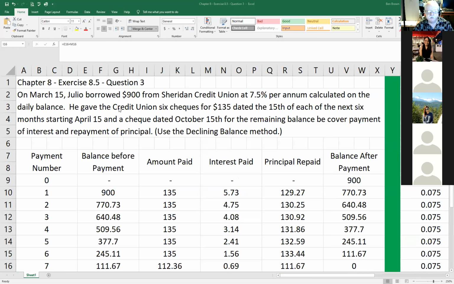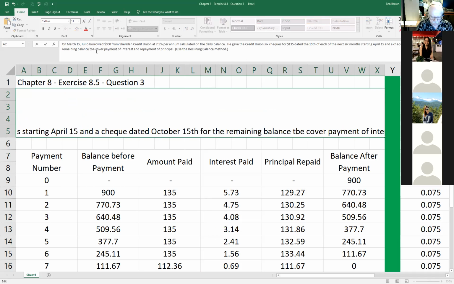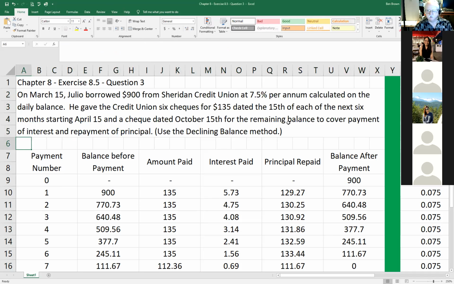So we were told that he gave the credit union 6 checks for $135 and a check dated October 15th for the remaining balance. It should say to cover payment of interest and repayment of principal. Let's change that to cover.